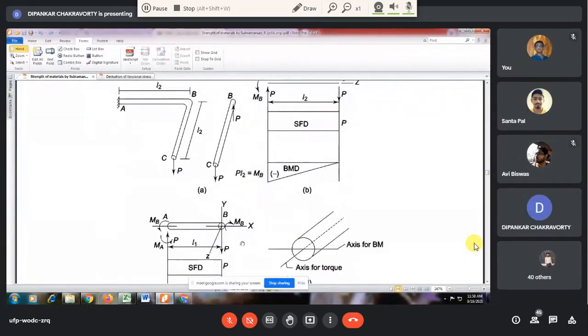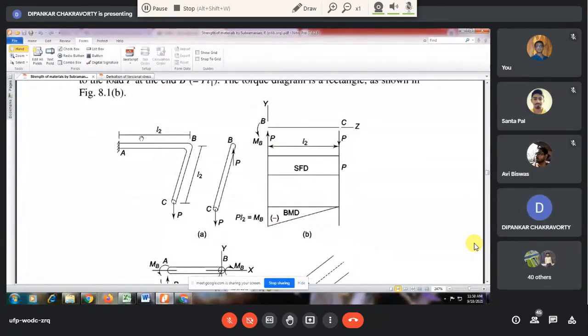Okay, see, this book of Subramaniam I have already shared with you. Now, say this is a bow girder. This is called a bow girder, B-O-W girder. This is a beam which is curved in plan, means if you take a top view, then you will see that it is a perpendicular beam.